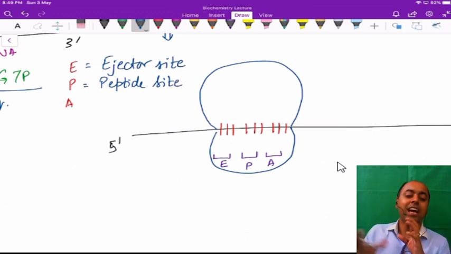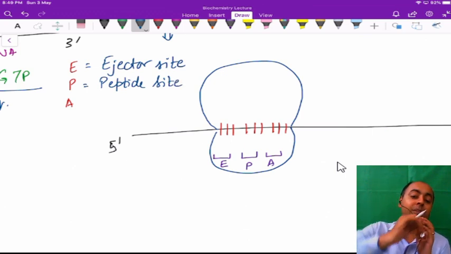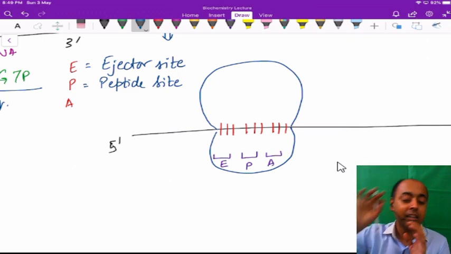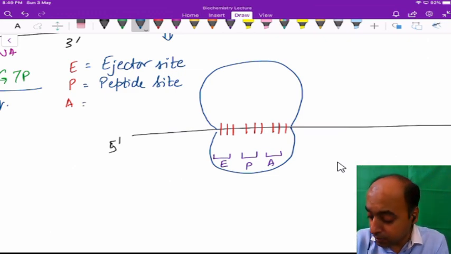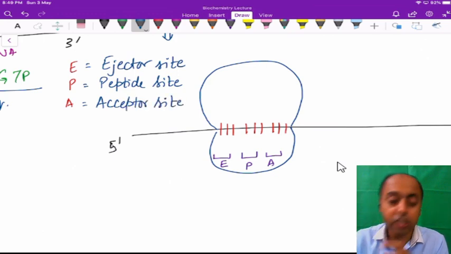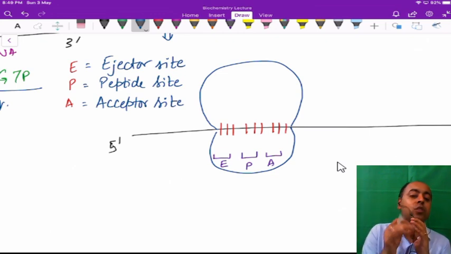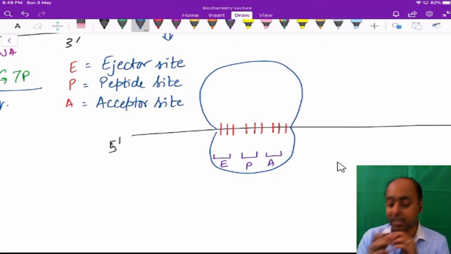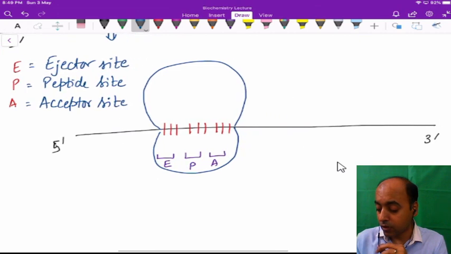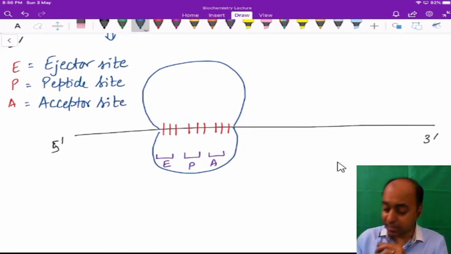Whatever amino acid have till now been incorporated are present as a peptide at the P site. And A is the acceptor site. This is the position where the new incoming amino acid tRNA will come and get attached. Alright, so we have the E, P, and A site.